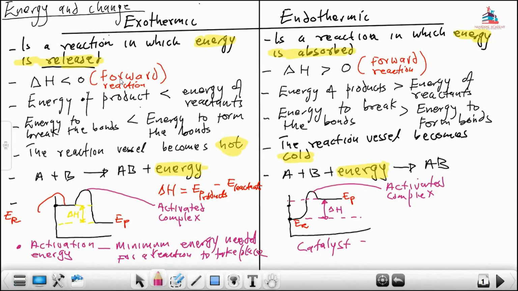Okay, now a catalyst is a substance that increases the rate of the reaction. Okay, let's read.